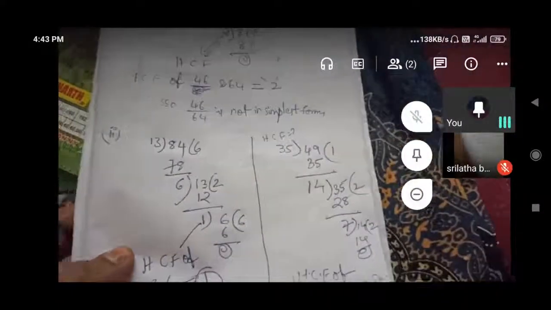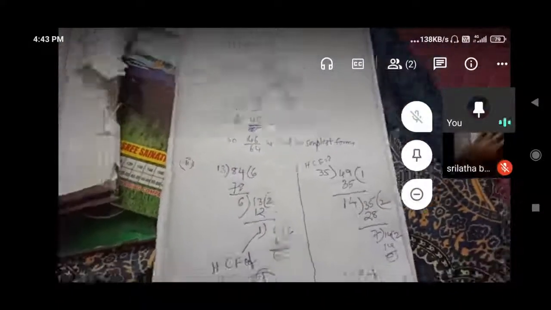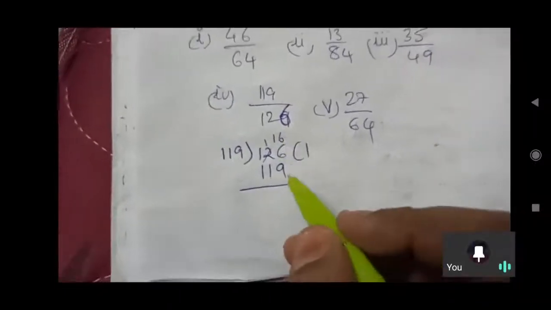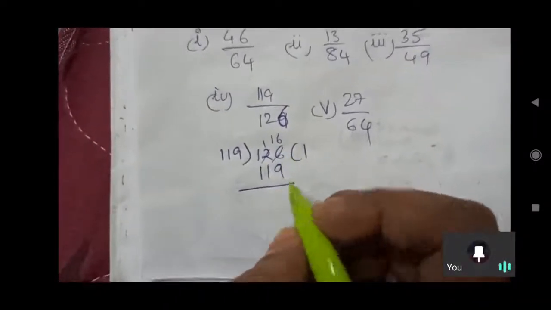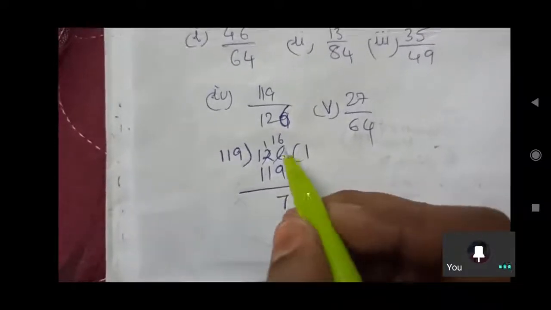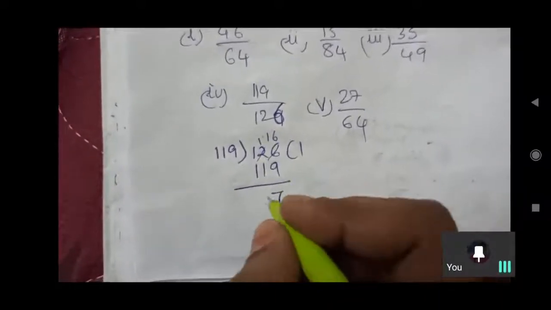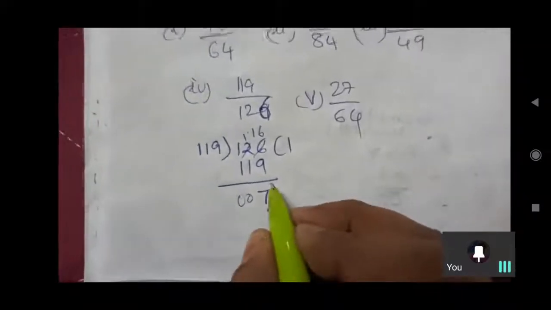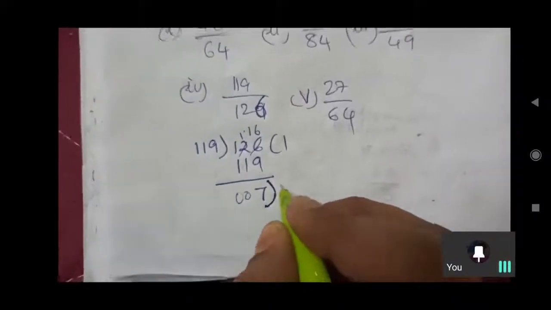So observe this one, Nana. Here 16 minus 9, how much? 7 we will get. And here 1 minus 1 is 0 and 1 minus 1 is 0. 7 is the remainder here. So that 7 you should take as the divisor, Nana, and 119.